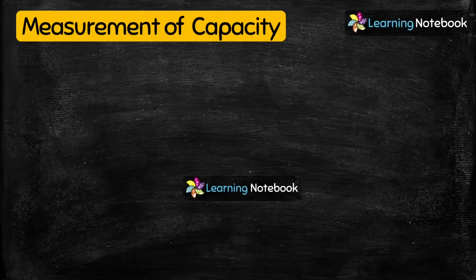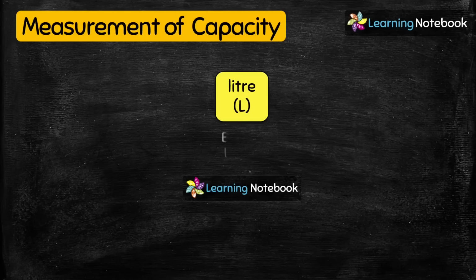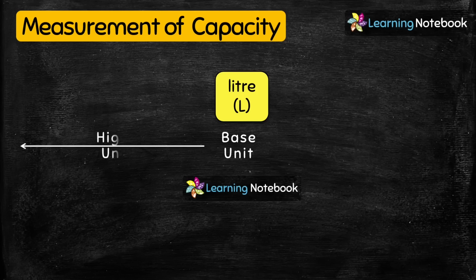The standard unit or base unit for measuring capacity is liter, which is denoted by capital L. Now let's see other units for measuring capacity. First, we will look at higher units.